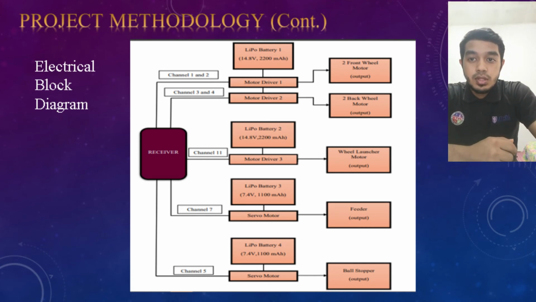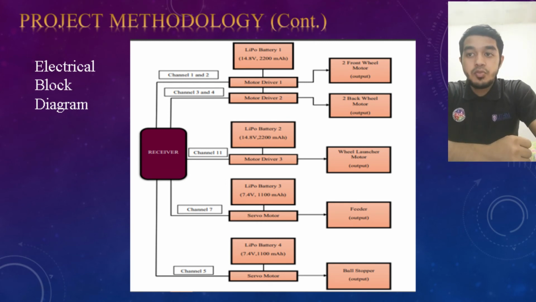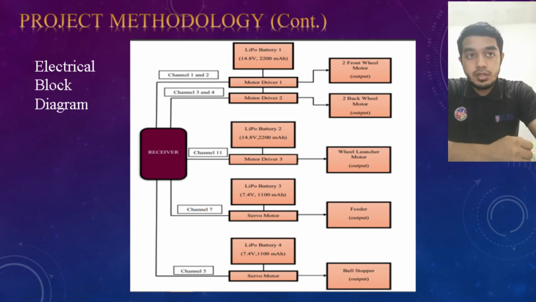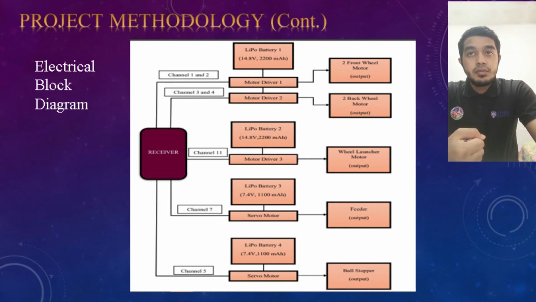The output of the servo motor is the feeder and ball stopper, as the servo motor can move to a specific angular position. For the power supply, the MR launcher uses 4 lipo batteries for each mechanism.